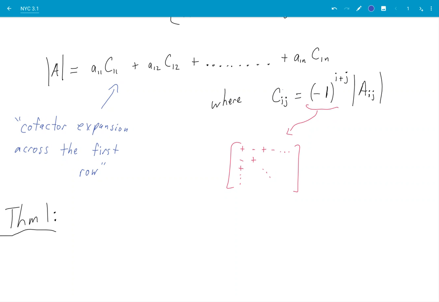That's this thing. It's what's called a cofactor. The Cij is called the ij cofactor. So this big sum is called the cofactor expansion across the first row. And this Cij is called the ijth cofactor.